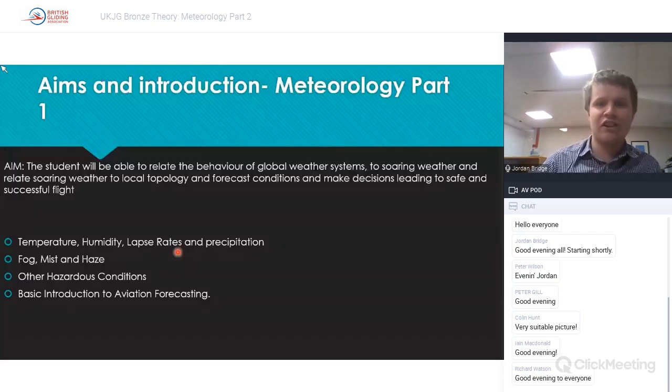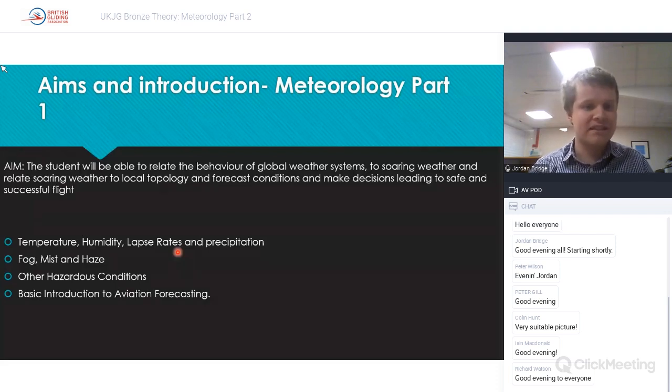But for now, let's have a look at the aims and introductions to this part. Last time we had a look at fronts, global circulation, air masses, etc. This time we're going to have a look at a bit more interesting stuff, starting with temperature, humidity, lapse rates and precipitation.